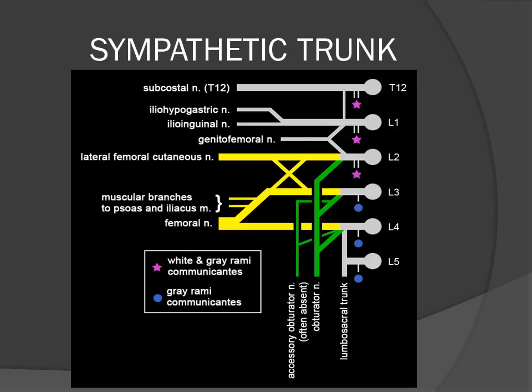For example, sweat glands in the feet, or sweat glands in and around the perineum, and these sympathetic fibers travel in all of the spinal nerve roots and then continue all the way out into all of the named peripheral nerves of the lower extremity.